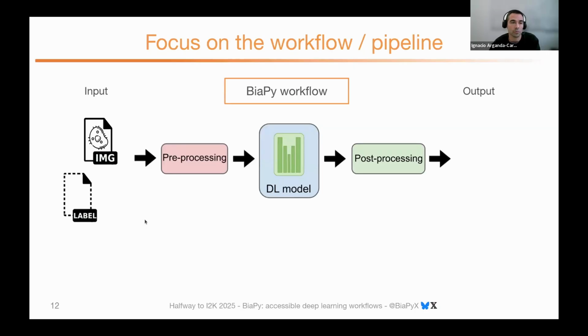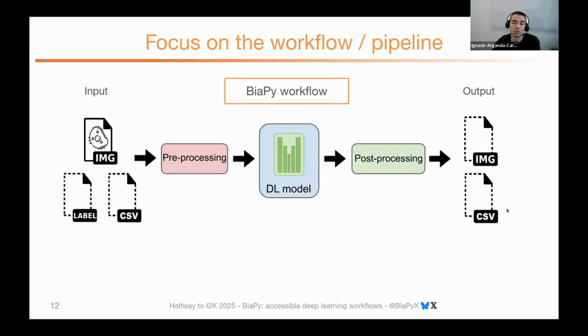They could be the masks of your objects, or the categories of every object, or the content of the image, etc. Or even a CSV file with the locations of the objects that you want to detect, or the categories, etc. And the output depends on the task, but it could be an image, for example, the input image and the mask image, or the super-resolved image, or the denoised image, etc. Or you could also have a CSV file with some locations, categories, etc.